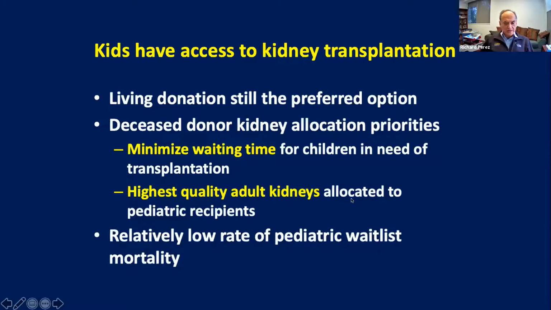It minimizes the wait time for those in need of transplantation because these children need a functioning kidney for normal growth and maturation. And then the highest quality adult kidneys are allocated to the pediatric recipients. So different from the adults, there's a relatively low rate of pediatric waitlist mortality for kidneys.